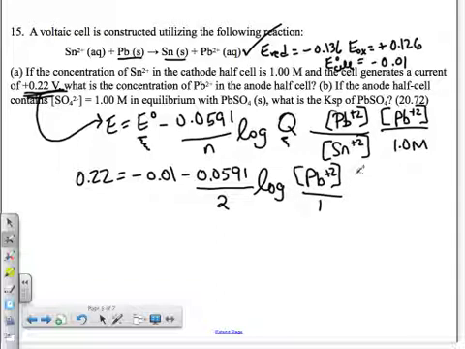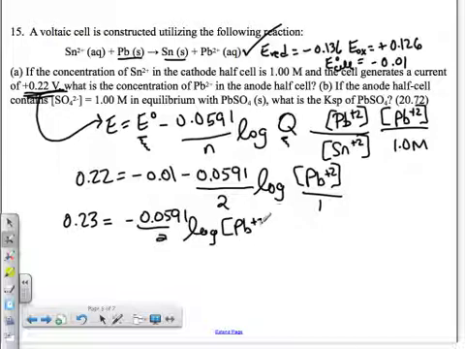All right? So collecting terms, I have to bring the 0.01 to the other side by adding it to both sides, so that becomes 0.23 equals negative 0.0591 over 2 times log of Pb+2. Really? Okay, because it's over 1.